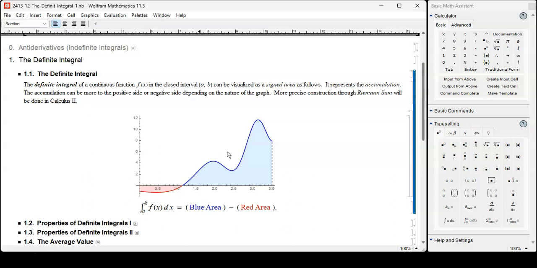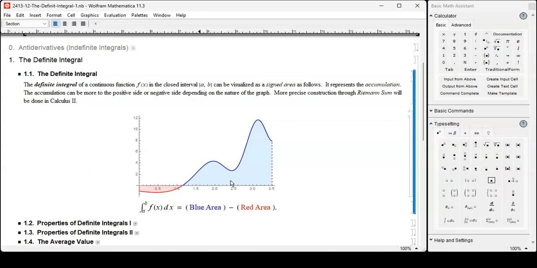Here's an example. We have a graph of a function like this, and part of the graph is below the x-axis, and a part of it is above the x-axis. When the function value is negative, we have this red region, and we assign the negative of this area. And when the function value is positive, like this, we assign the positive of that area.